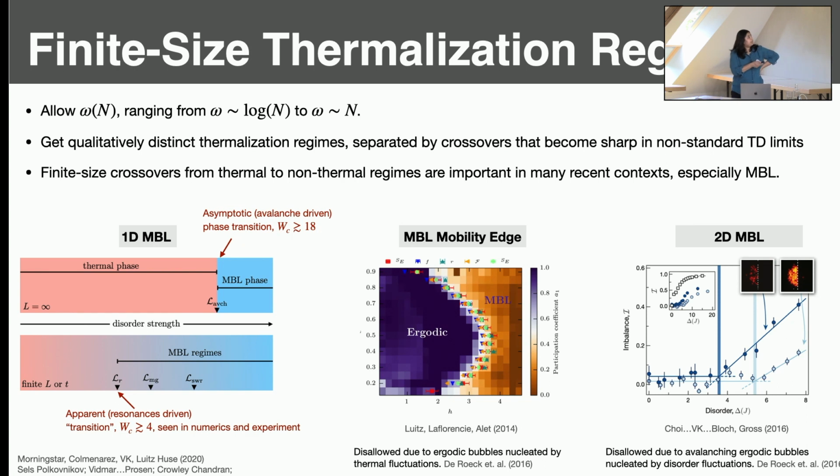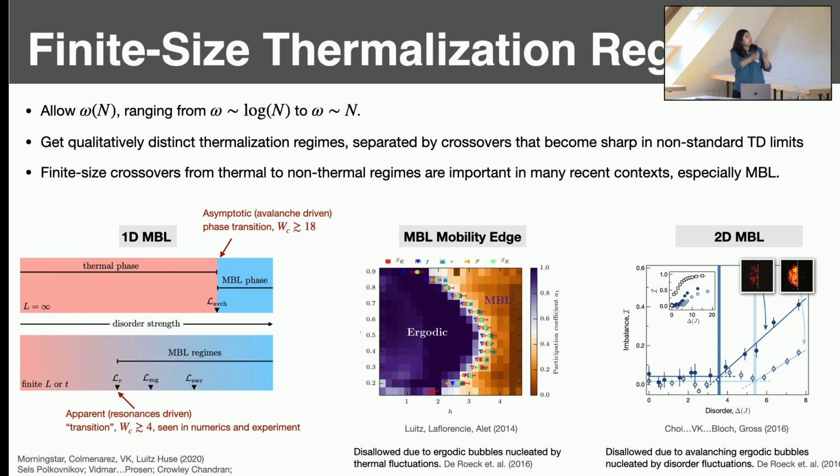okay? So in a paper that we posted last year, what we showed is that even in the one-dimensional many-body localized problem, where with minimal assumptions we believe that there's a proof for the existence of an MBL phase, the asymptotic MBL phase transition is thought to be driven by the proliferation of rare thermal bubbles that avalanche.